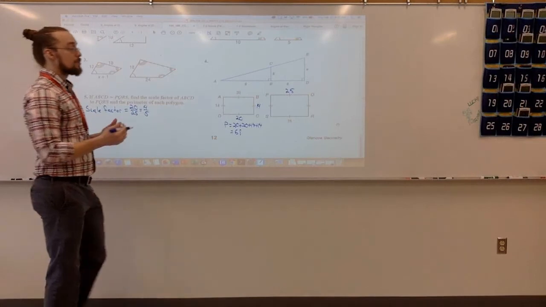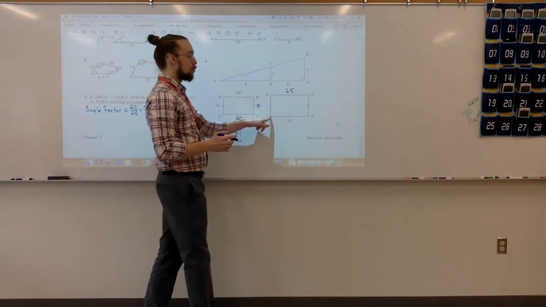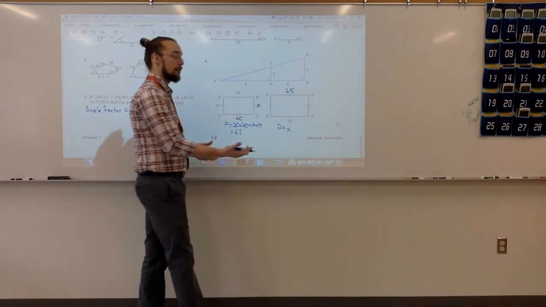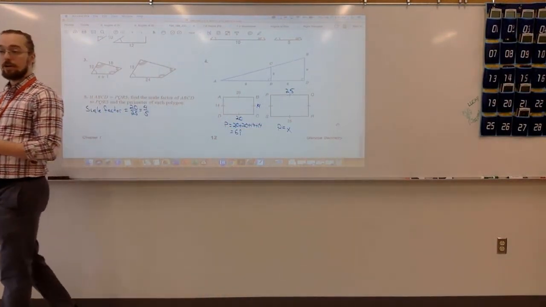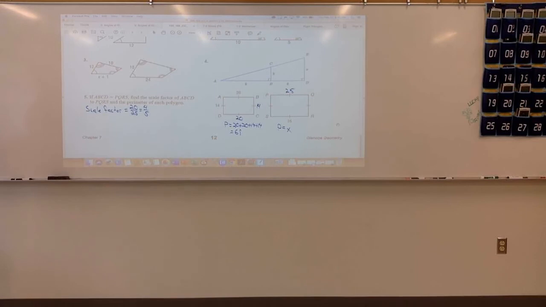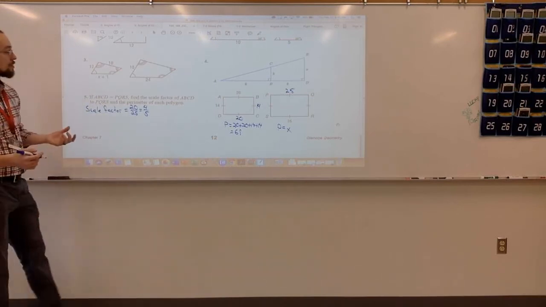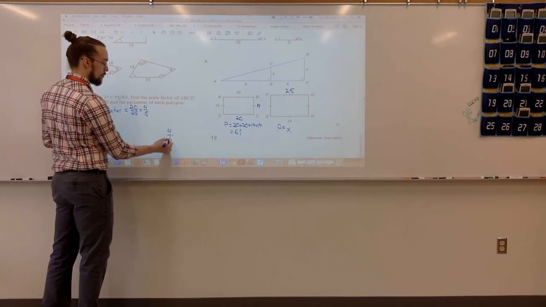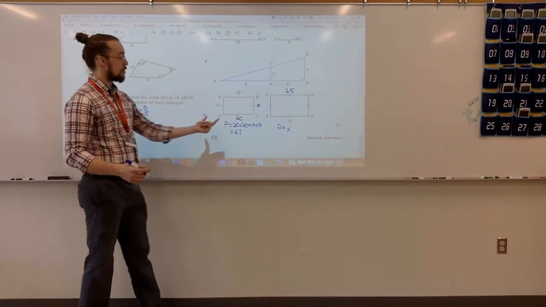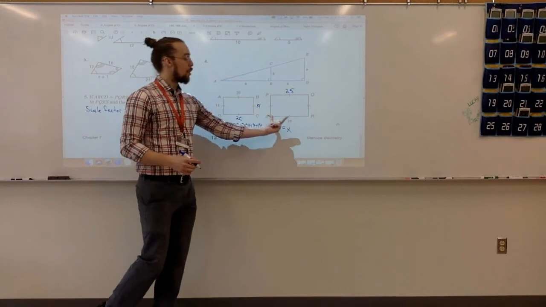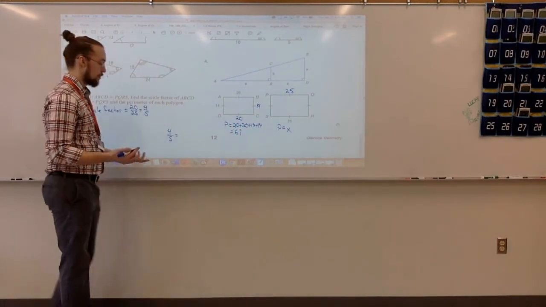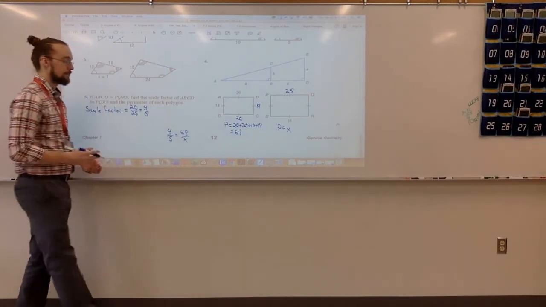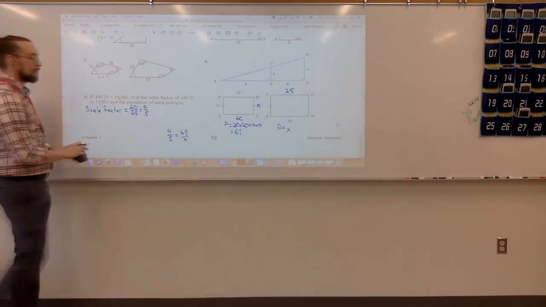So instead of saying, I want to just find one side here, I can call the perimeter of my second figure my variable. Okay? I can say the whole perimeter is x. So then, I can set this up as my scale factor, 4 over 5, equals the perimeter of this figure over the perimeter of this figure. So 68 over x. I guess I should put that up a little higher.